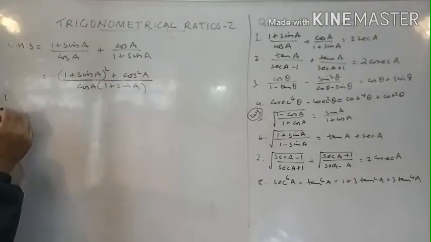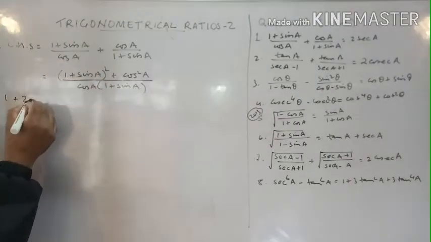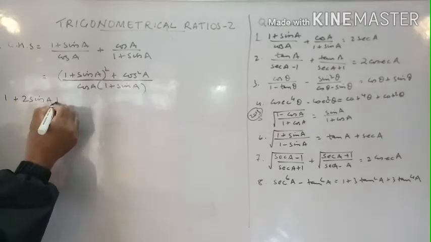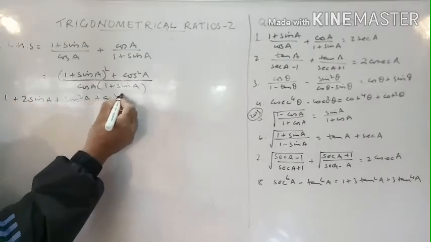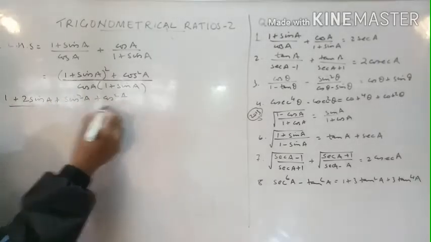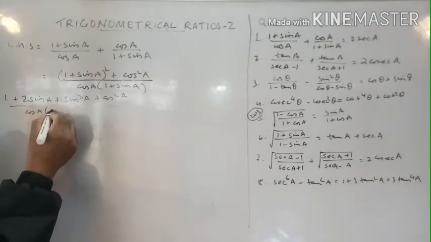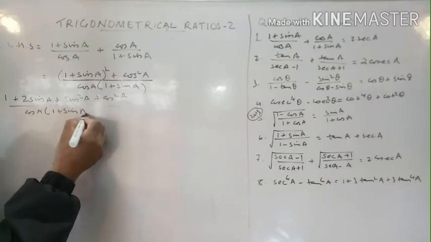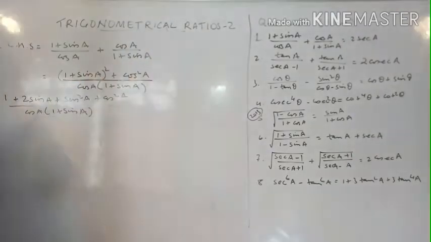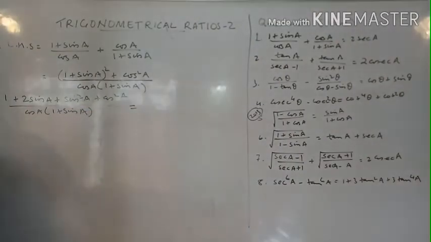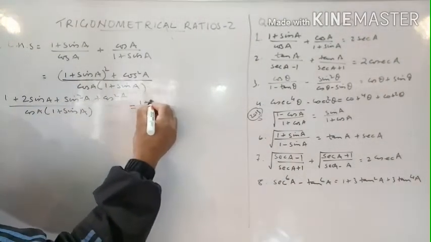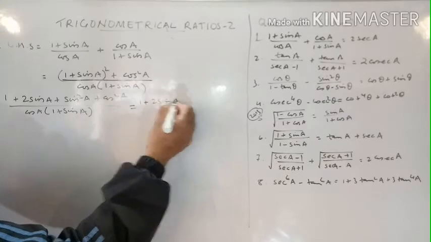So (1 + sin A) whole square. (A + B) square is A square plus 2AB plus B square, so 1 square plus 2 sin A plus sin square A, plus cos square A, over cos A into (1 + sin A). Remember, RHS has 1 plus sin, so we keep it as it is; we try to cancel cos A. So 1 plus 2 sin A as it is.